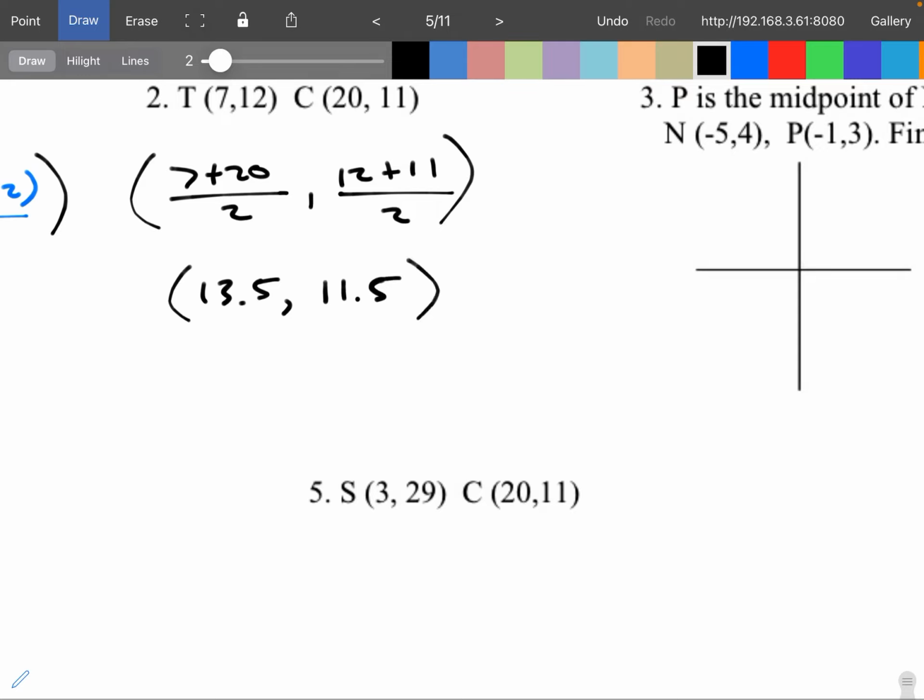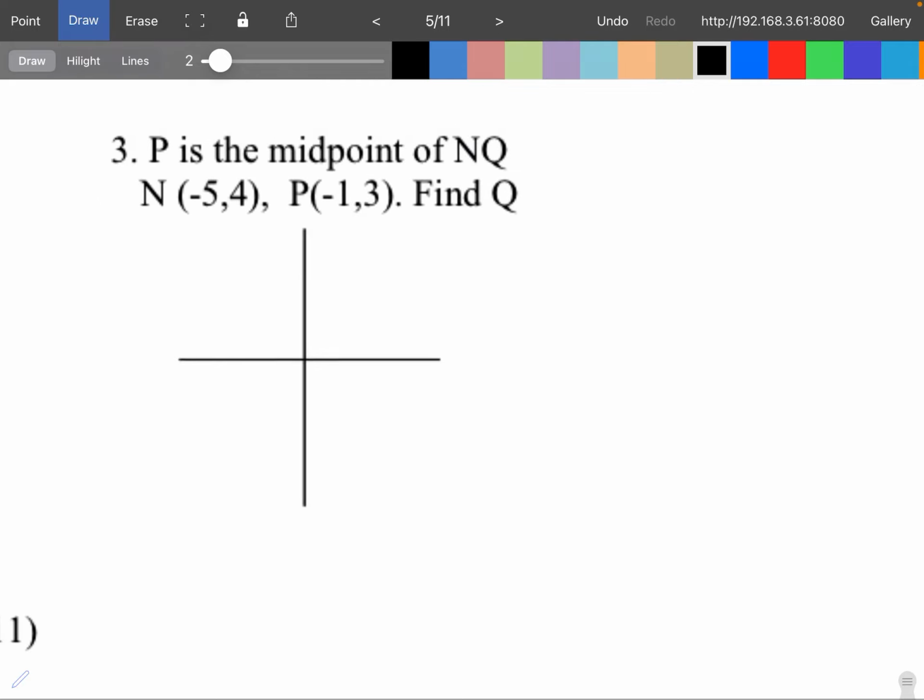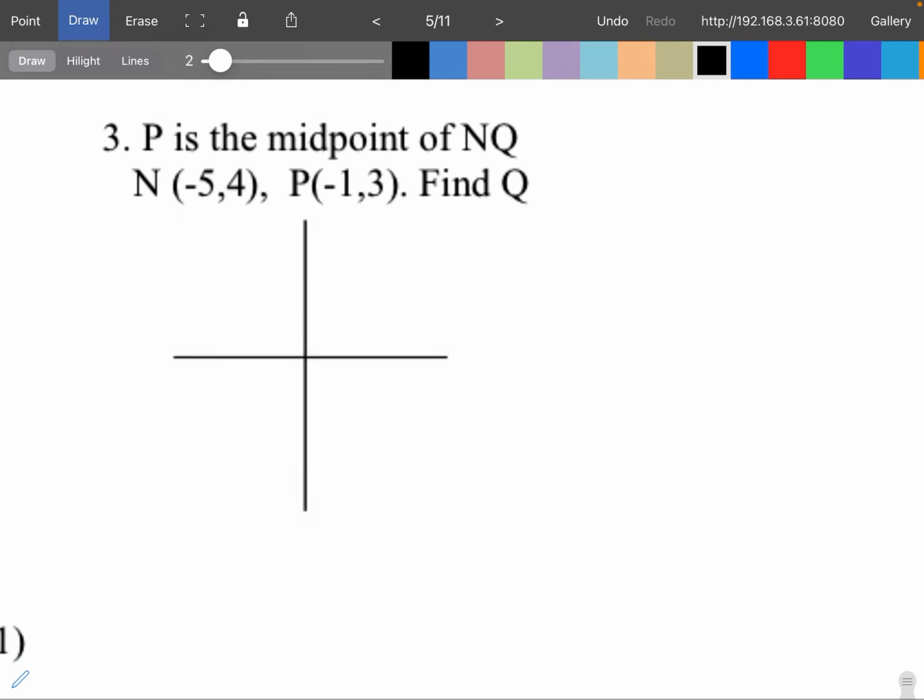This is not too bad, right? So you get 27 divided by 2. Good, Ryan, 13.5. And then you got 12 plus 11, 23 divided by 2. There you go. So that's our midpoint. Maybe I'll call it M for midpoint.